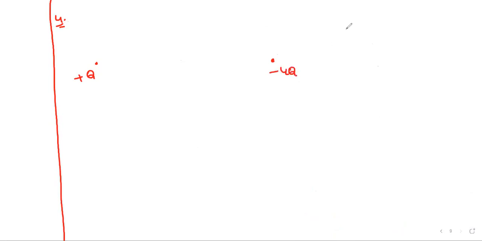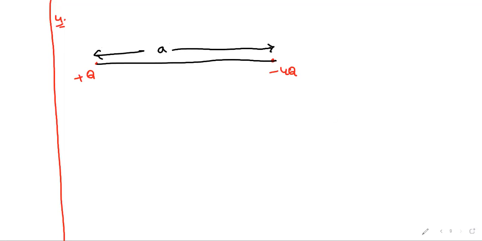They are separated by a distance A. The third charge, Q naught, is placed at a distance of A by 3 from Q. What will be the magnitude of Q naught?